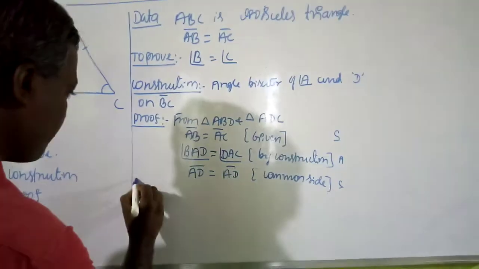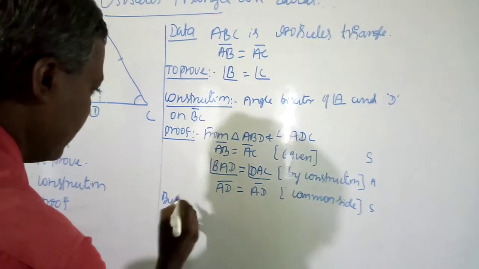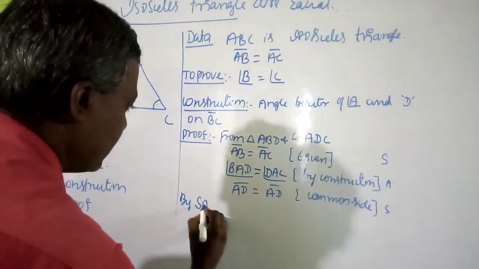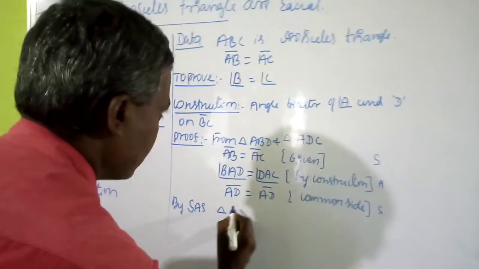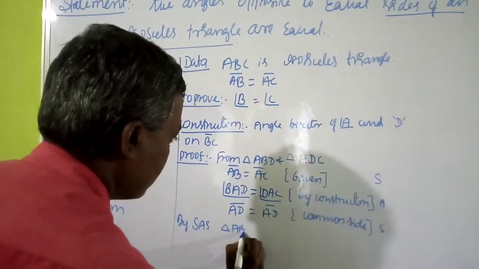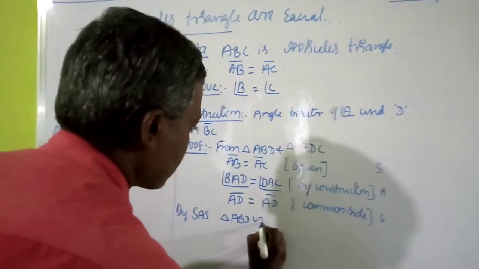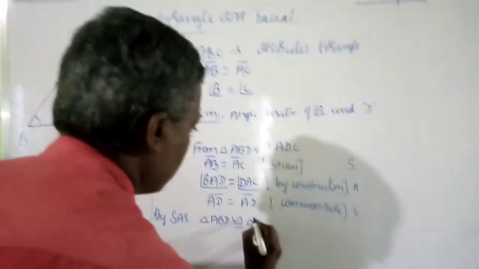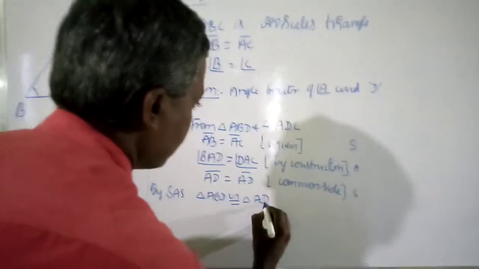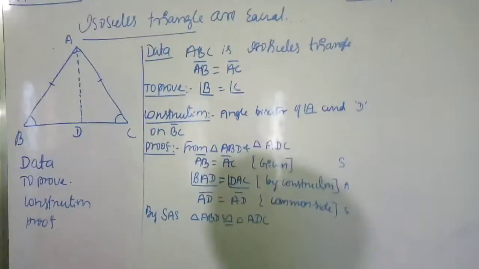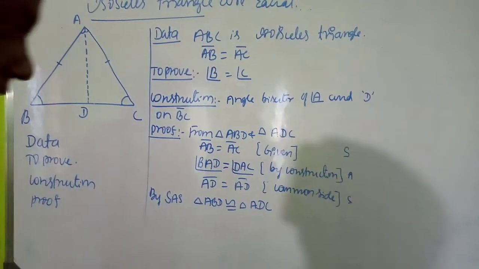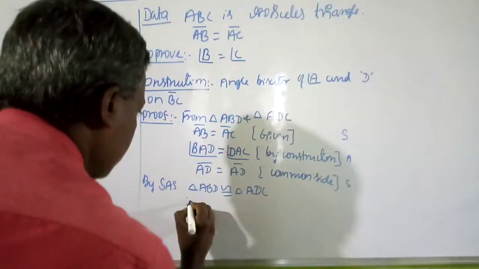So by SAS, triangle ABD is congruent to triangle ADC. Correct, students?